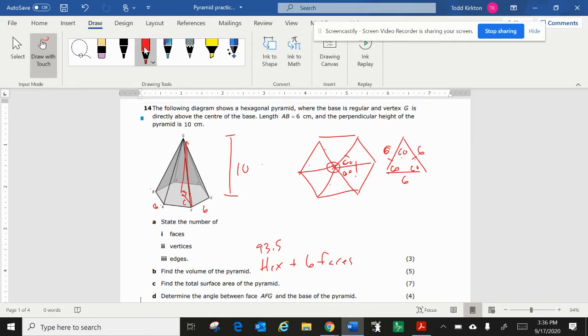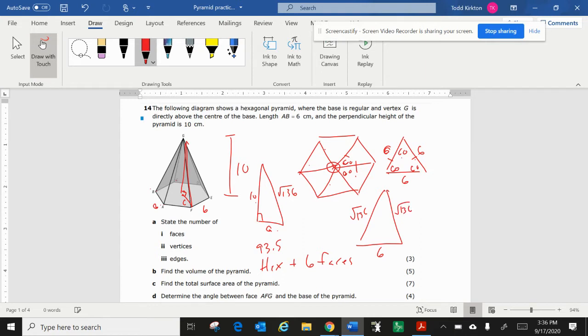So if I take that triangle out, this is 6, and I know this is 10. That was given. I can do Pythagorean theorem. So 10 squared plus 6 squared. So that's a square root of 136. Okay, so if I have that tall, skinny triangle, there's 6 of those. The bottom is 6, and both sides are the square root of 136.